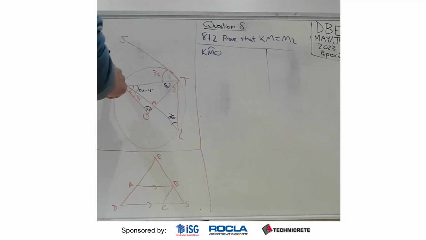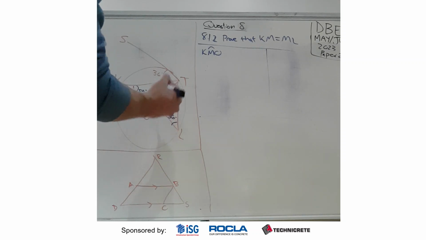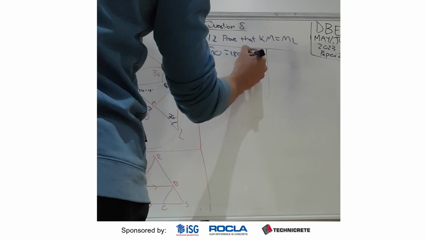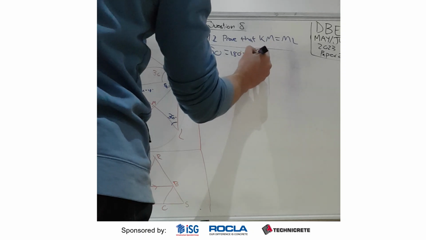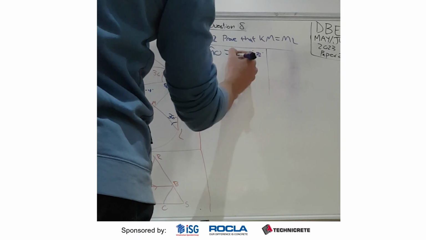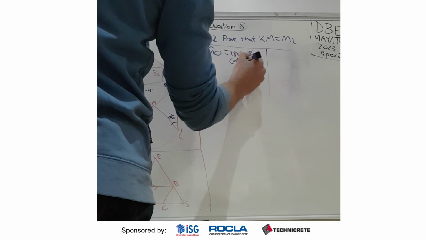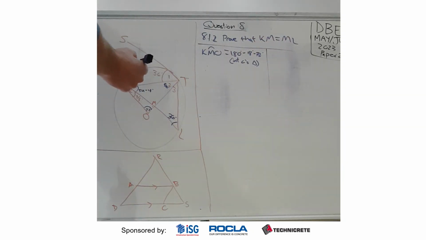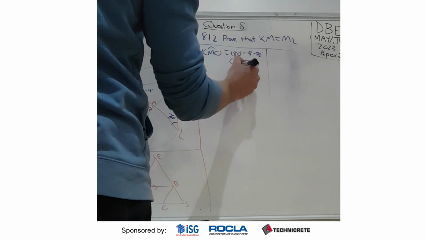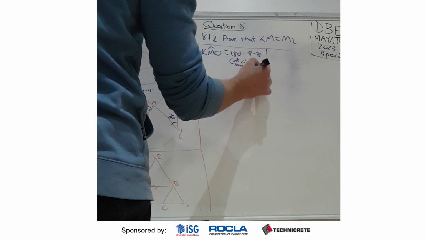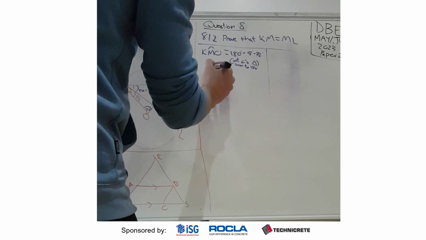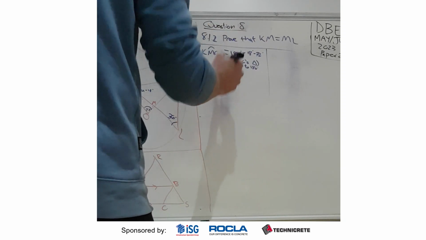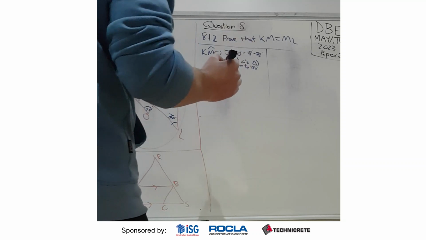So angle KMO, as in that angle right there, is 180 degrees minus 18 degrees minus 72 degrees. Why? Interior angles of a triangle sum to 180 degrees. And if you work that out, you should get 90. Great.